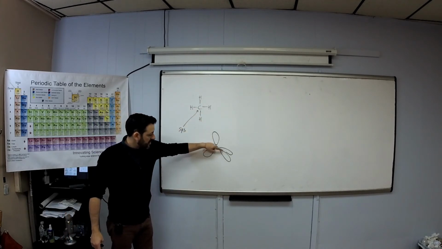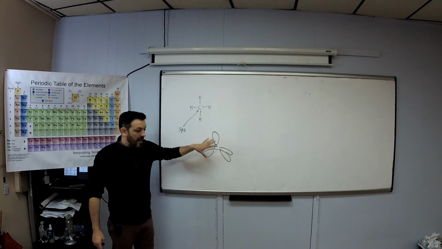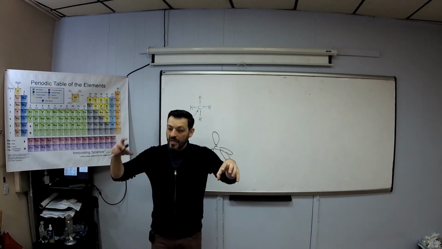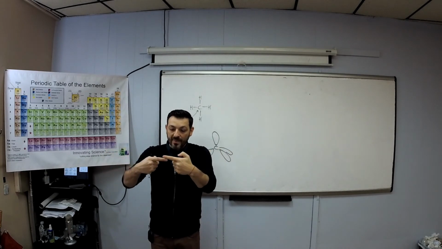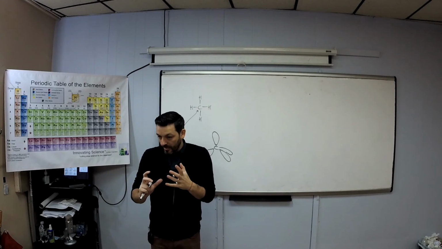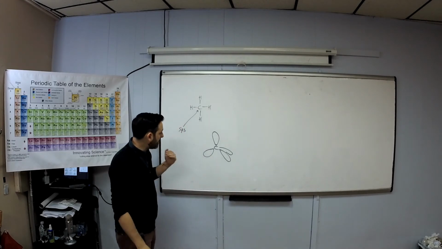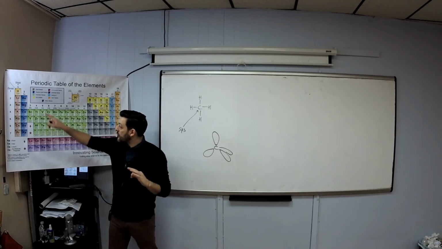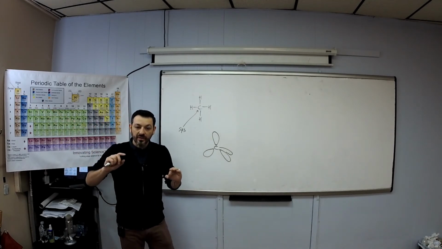This carbon's sp3, I drew its 4 sp3 orbitals. And now I have to draw it bonded to hydrogen. A bond is when an orbital overlaps an orbital, whether it's a p orbital overlapping a p orbital this way, or overlapping the orbital, right? So what's a hydrogen look like? A hydrogen has an s orbital around it.